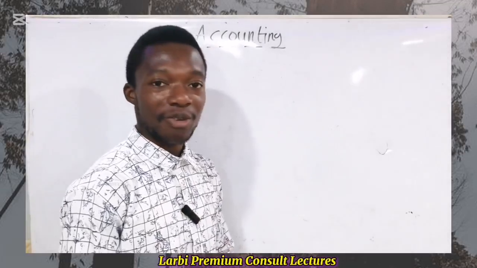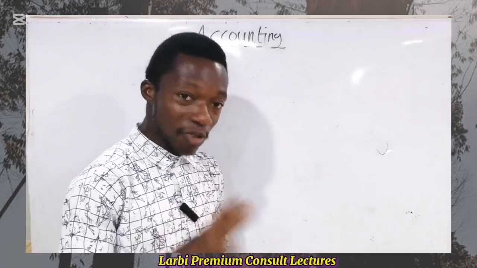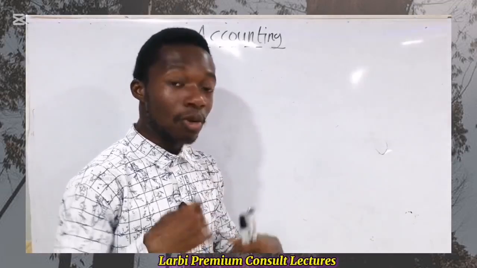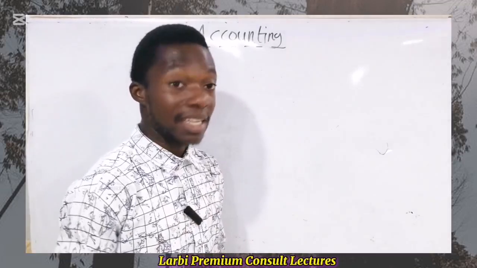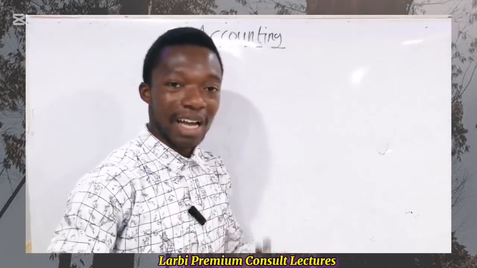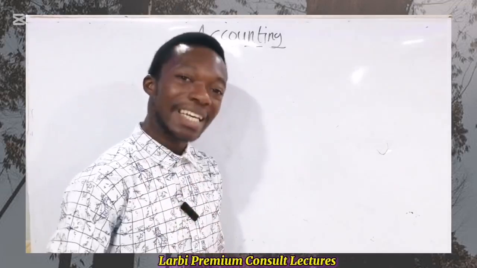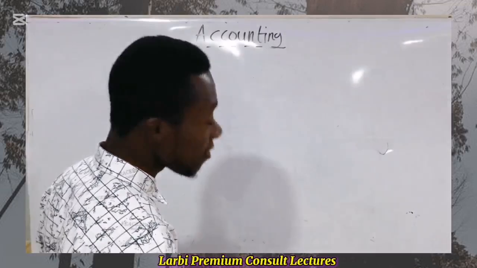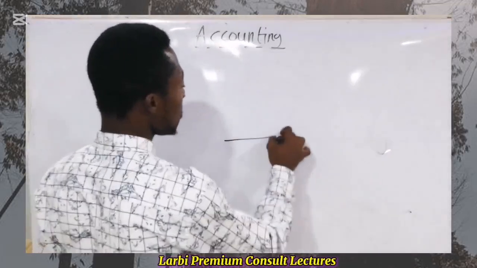As per the conceptual framework, we have 7 users of the accounting information or the financial statement, whose needs are captured in the financial statement. They need the accounting information in order to make sound economic decisions. So what are these 7 categories of users?